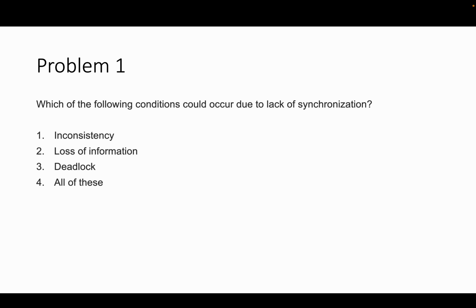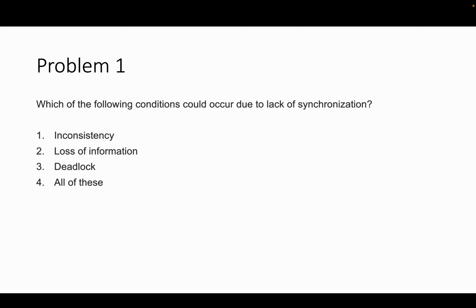So here, if there is no synchronization, then it is possible that multiple processes will access the shared resources, or we can also call it the critical section, at the same time.